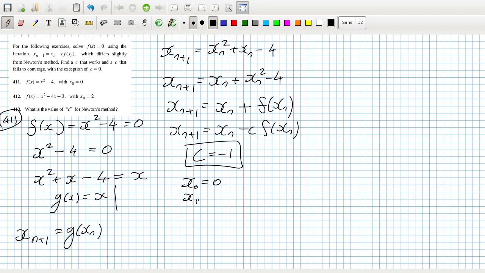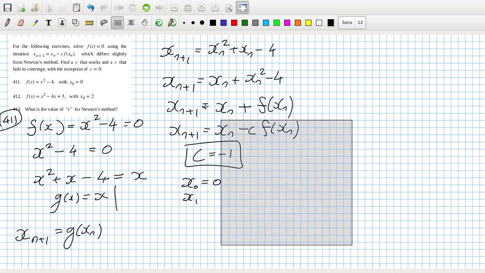No, that doesn't work. I think it's the starting point that might be the problem. Maybe. No, that's not the problem. So I'm actually a bit flummoxed by this question.